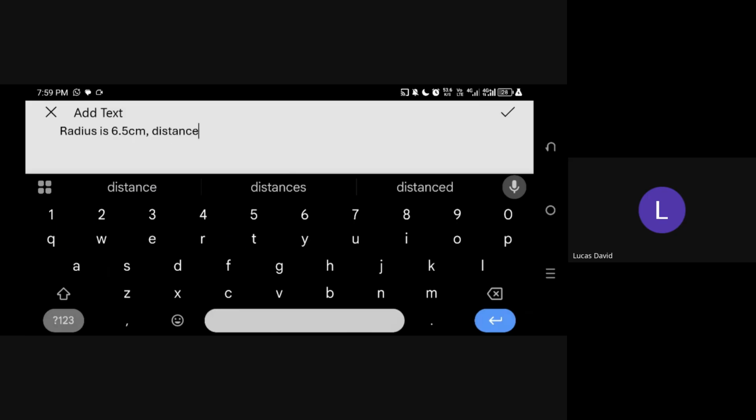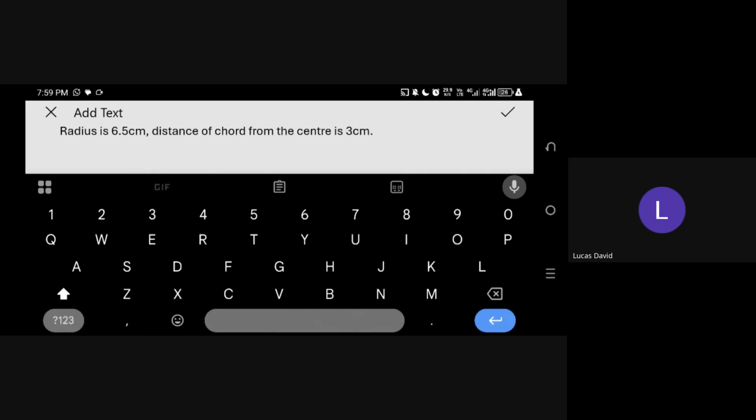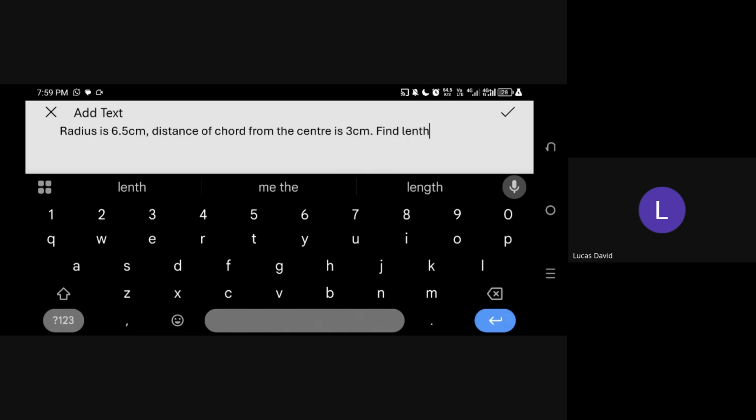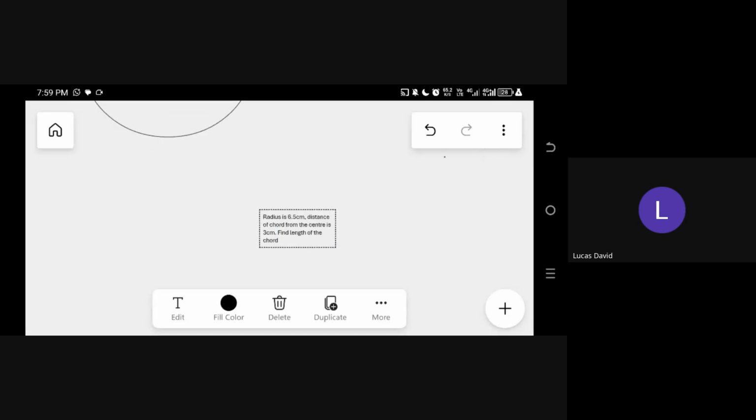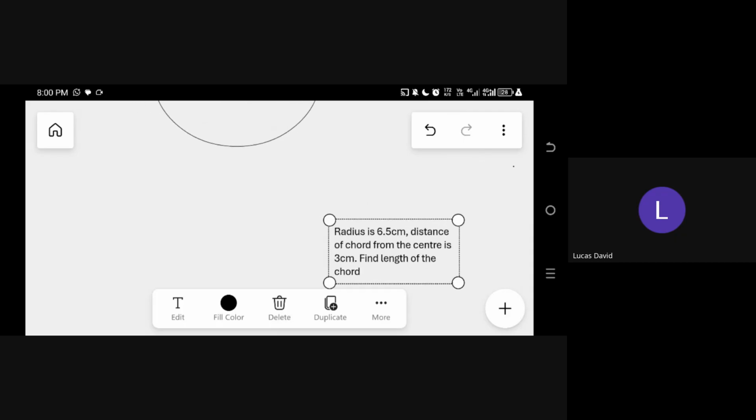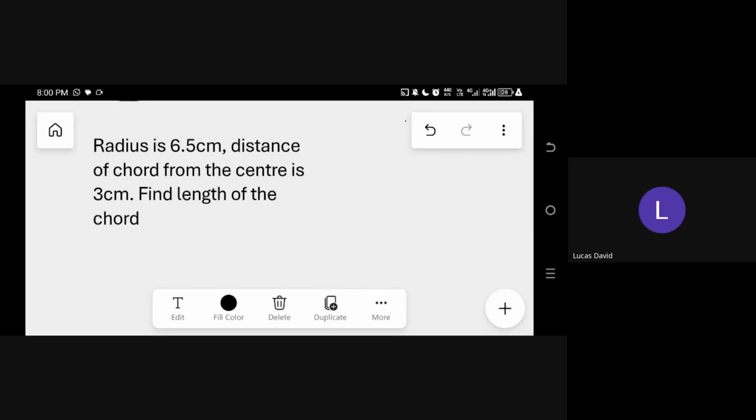The distance of the chord from the center is 3 centimeters.